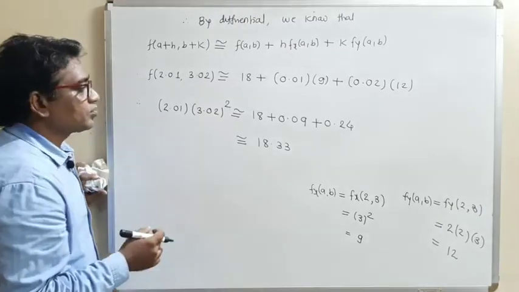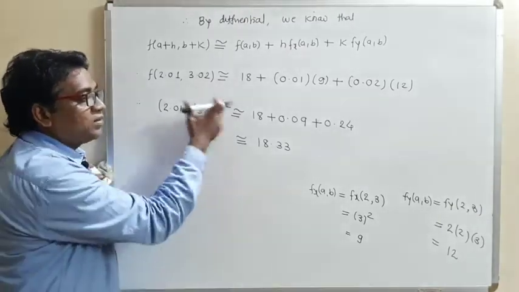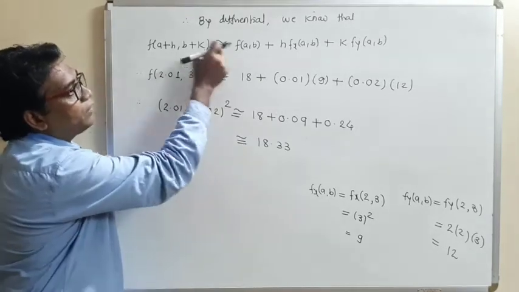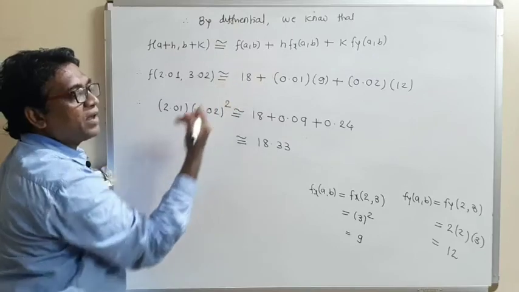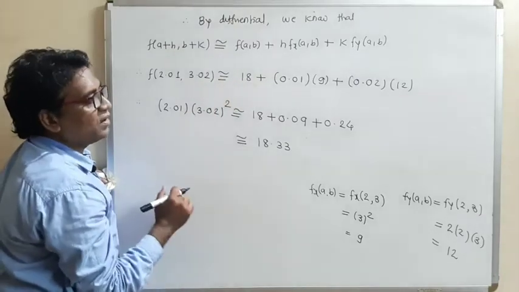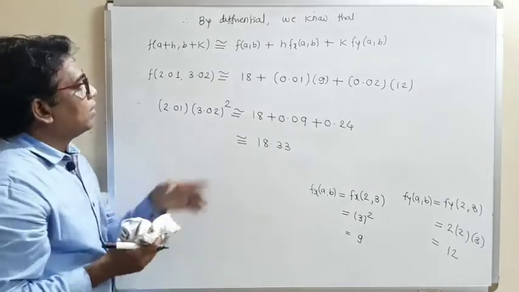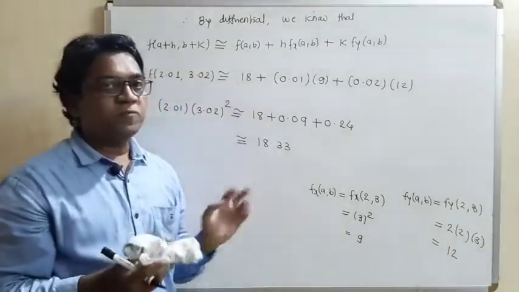So see, how to find out the approximate value of any function? This is the differential formula by which we can easily find the approximate value of any function. Now obviously what is our observation?